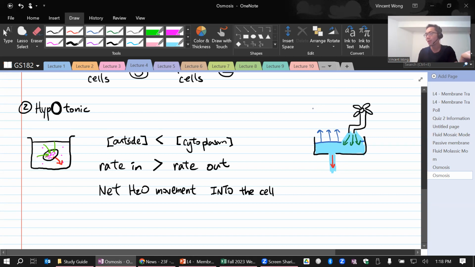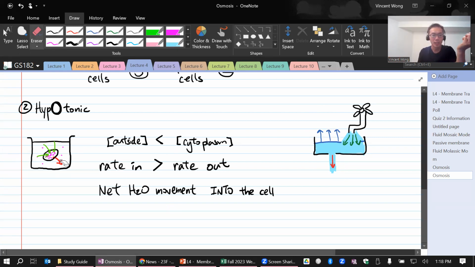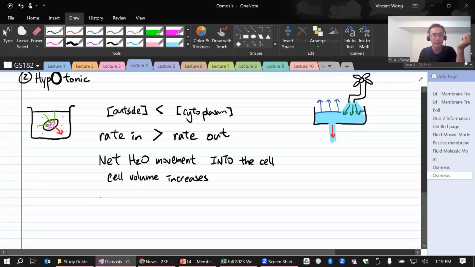And eventually what's going to happen? It's going to overflow, right? And so that's what happens to the cell. Cell volume increases. If it's an animal cell, this is bad news.